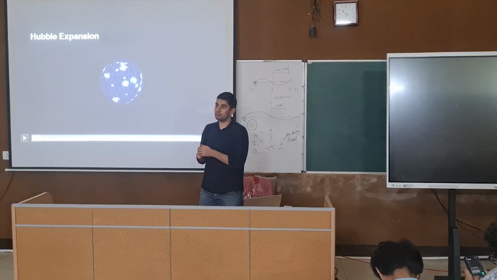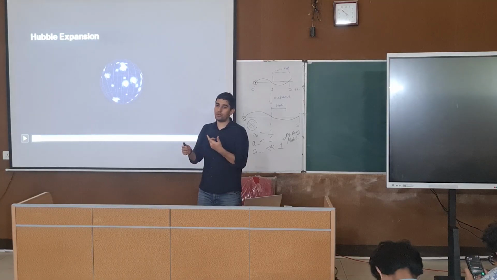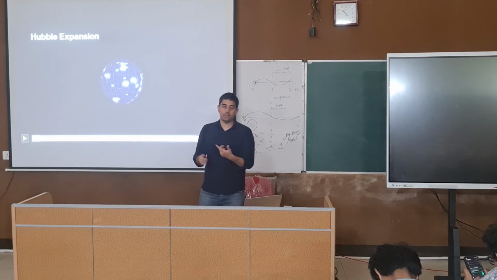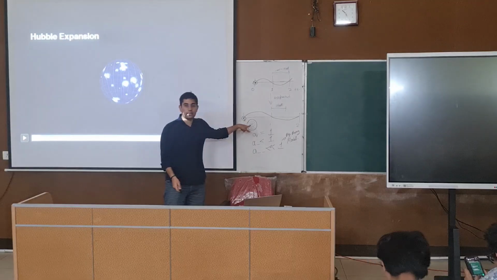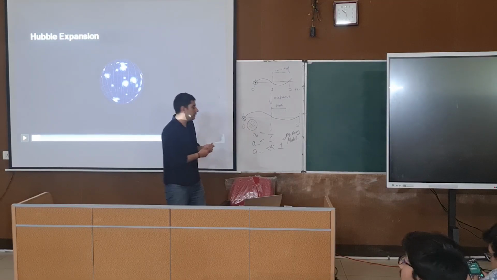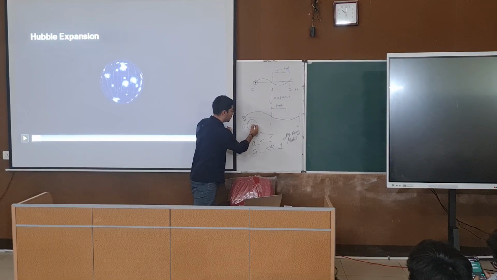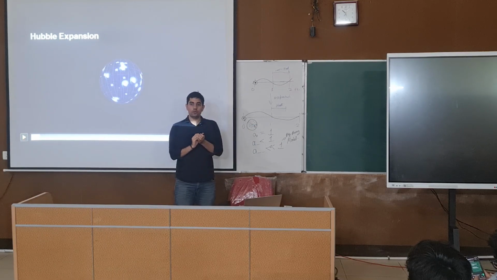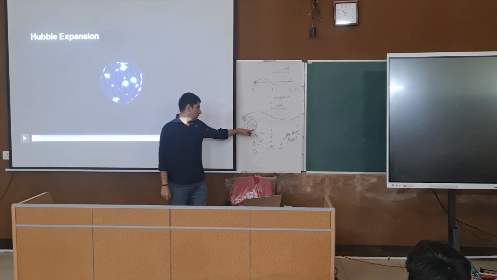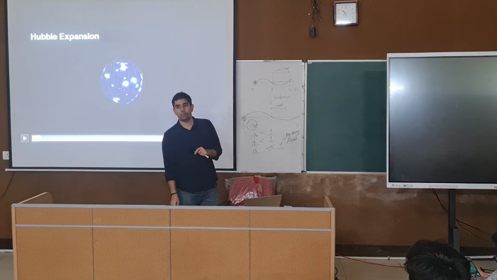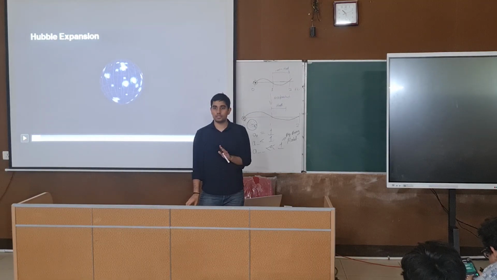So T naught that you said, the age of the universe, it is defined in those terms: if the universe started from a point, it would have taken T naught time to expand to the current space. The age of the universe comes with the assumption that it started at a point. Does that explain?